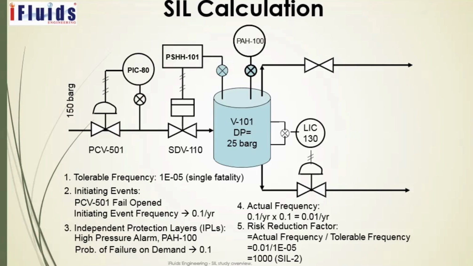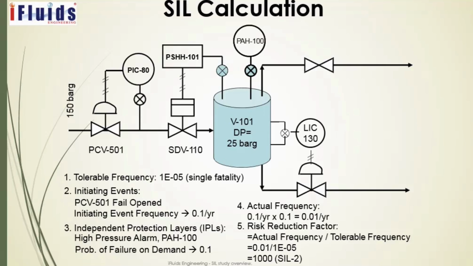So the initiating event will be PCV 501 failed open. Okay, this PCV failed open. What's going to happen? Independent protection layers are the high level alarm and the high pressure alarm. The level is going to be high. There is an alarm.